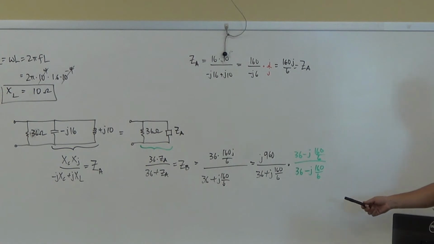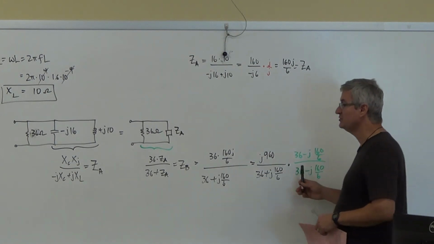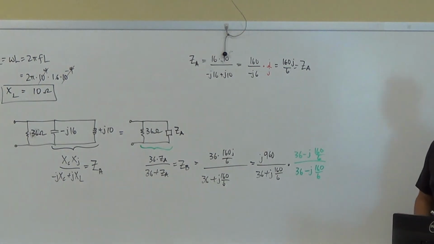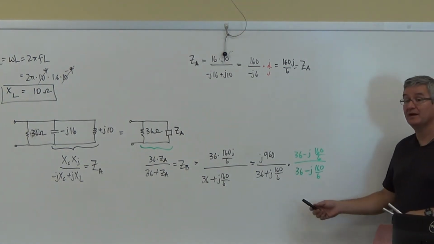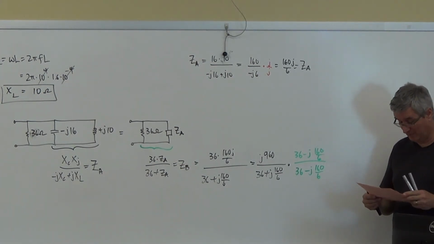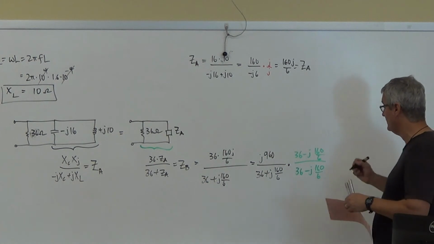Okay, this is nasty as hell, isn't it? This is real nasty. If you're sticking to rectangular coordinates, which is what I'm trying to tell you not to do, this is the kind of crap you've got to do. I would have punched this into my calculator, and this is what I would have got.